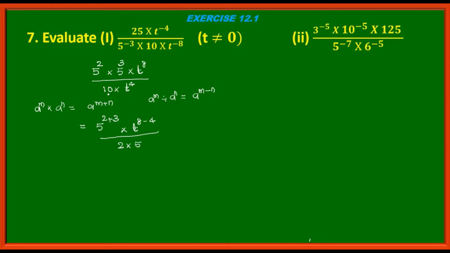Then in the denominator 10 is remaining. 10 we can write as 2 into 5. 5 raised to 2 plus 3 is 5 raised to 5 into t raised to 8 minus 4, which is t raised to 4. Whole divided by 2.